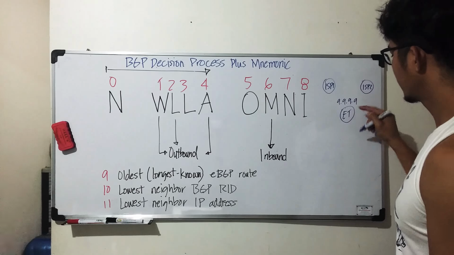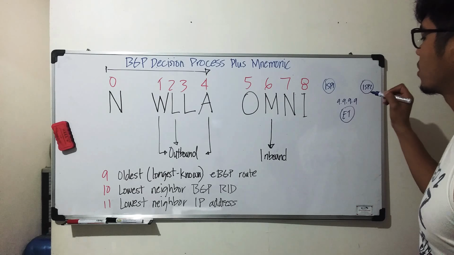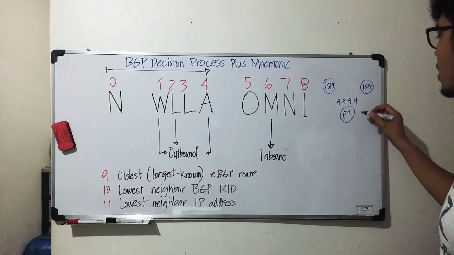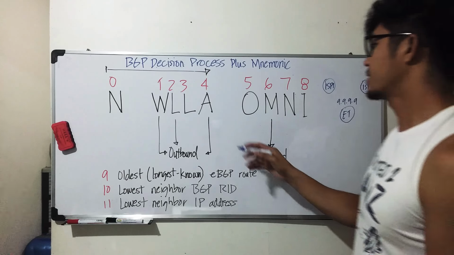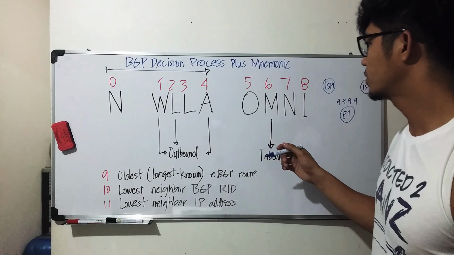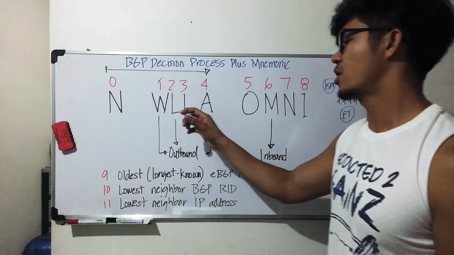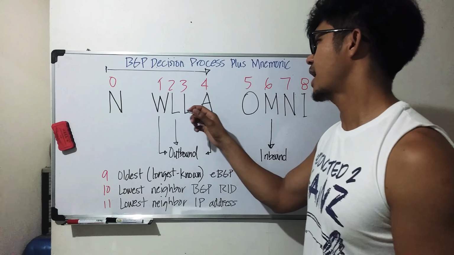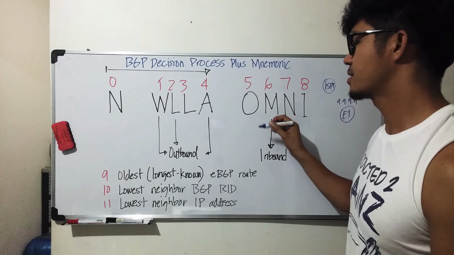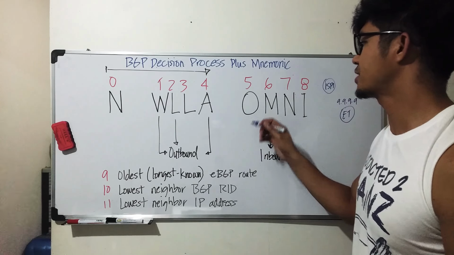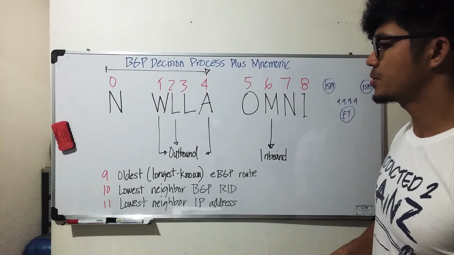So the enterprise router here is learning this prefix from both ISP1 and ISP2, and assuming that all these path attributes tie, then this router will look at the next path attribute, which is origin.